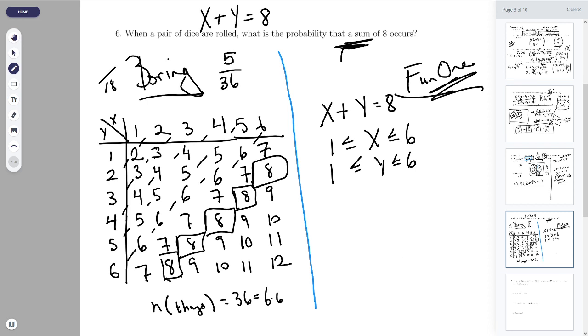Some people ask that question, and the answer is, in this case, no. We do not want to ignore the lower half of this table for this reason exactly, because there are two ways to roll a 1 and a 5, right? You can either get a 1 and a 5, or you can get a 5 and a 1.